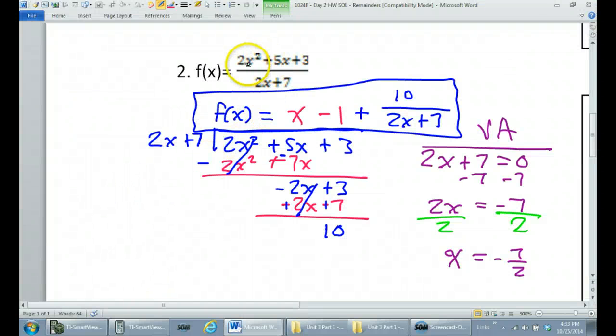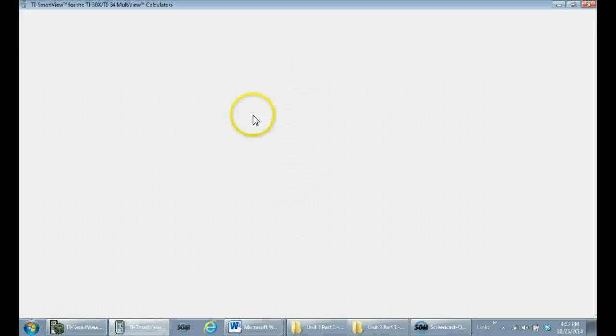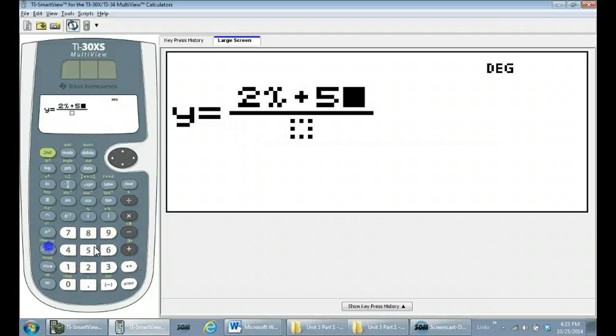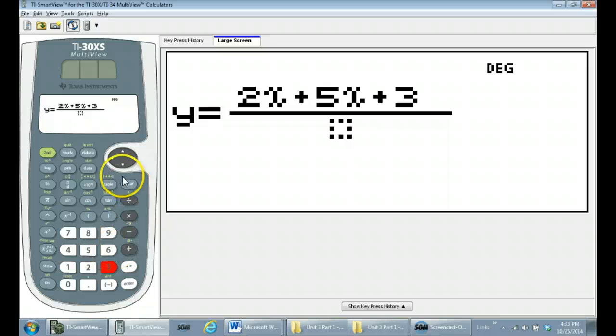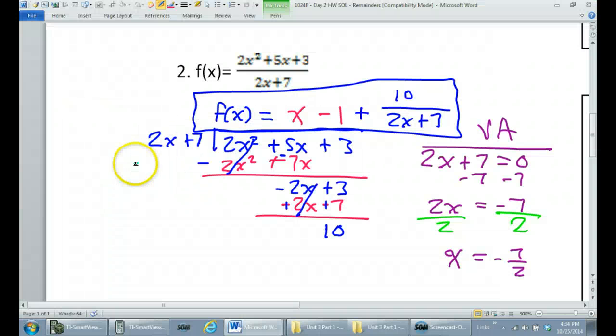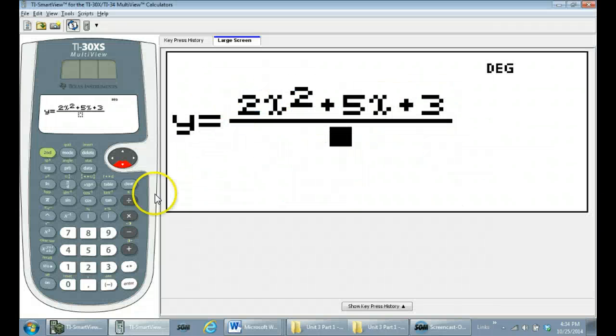And let's see, so we have 2x squared plus 5x plus 3. So 2x squared plus 5x plus 3. Whoa, I didn't do the squared. Alright, and then in the denominator we have 2x plus 7.